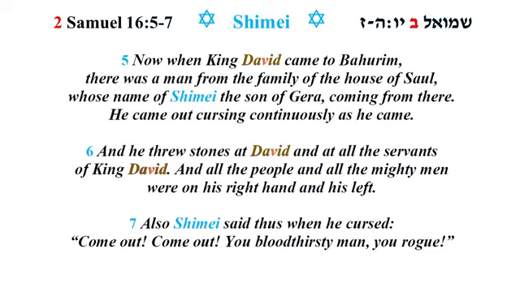And he came out cursing continuously as he came. And he threw stones at David and at all the servants of King David. And all the people and all the mighty men were on his right and his left. Also Shimei said thus when he cursed, come out, you bloodthirsty man, you rogue.